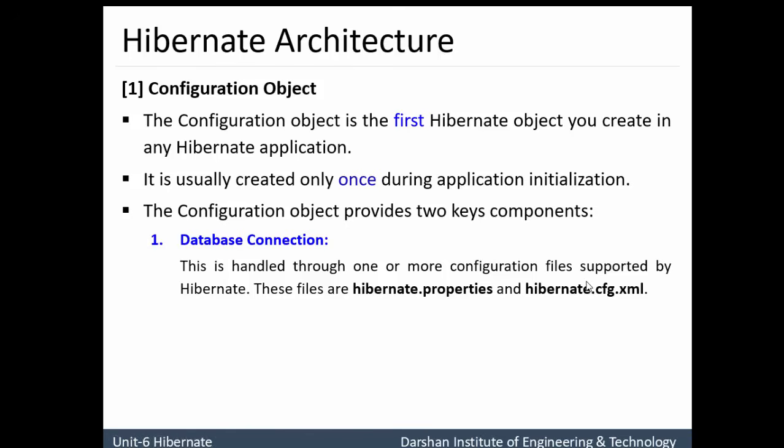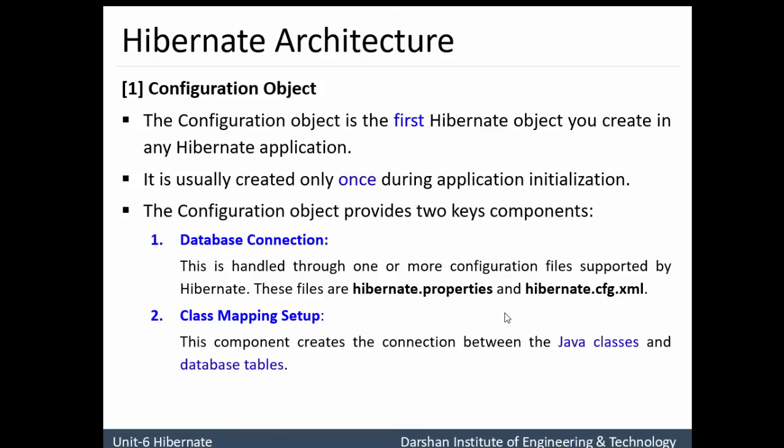So we need to communicate our Java object with some database. For that we require 2 files, that is hibernate.properties and hibernate.cfg.xml file, for communicating between Java, that is an object oriented program, and RDBMS. Second is class mapping setup. This component will create a connection between our Java classes and database tables.